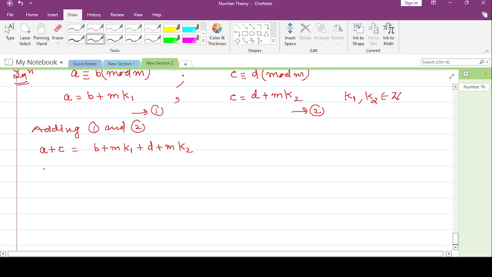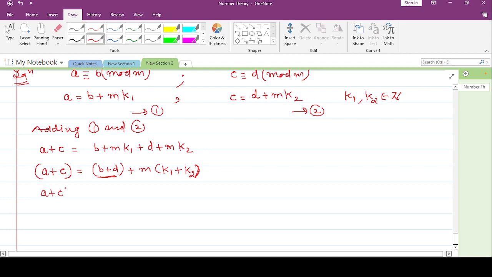So a plus c equal to b plus d plus, taking m common, m into k1 plus k2. Now you bring this thing to the left hand side.